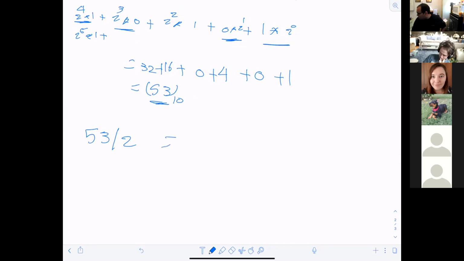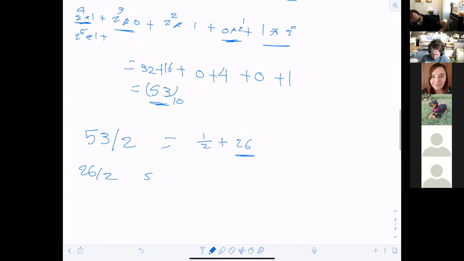So 53 divided by 2 is what? It's basically a half plus 26, right? Then this 26, I'm going to divide by 2. It's going to be 0 over 2 plus 13.